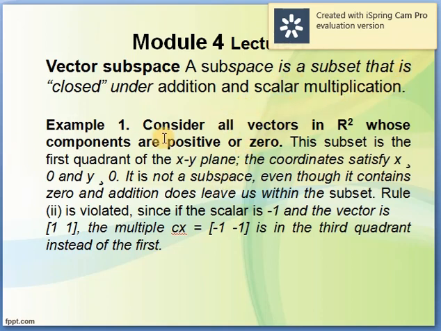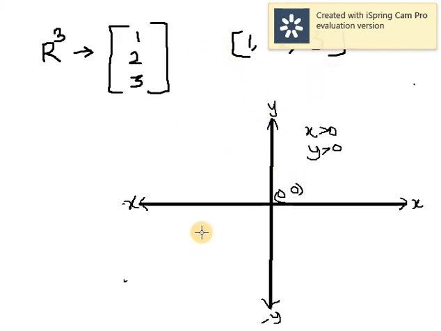To learn this, let's see an example. The example is a simple two-dimensional vector space. Let's consider R to the power 2, or R2, as we refer to it. It's the xy plane, where x is the horizontal axis and y is the vertical axis, and it has four quadrants.